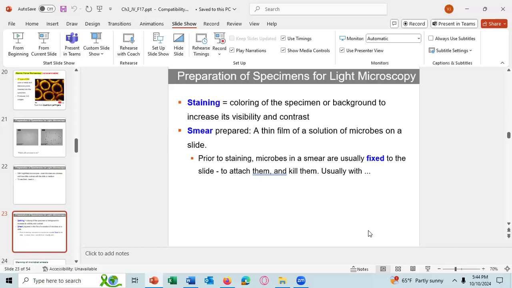You usually attach them with heat, and that makes the cells stick to the glass slide so they don't wash off in a later step, which is staining the cells. Usually you make the bacterial smear and then later stain the cells, and the staining process itself can wash off the cells if they're not fixed onto the slide.